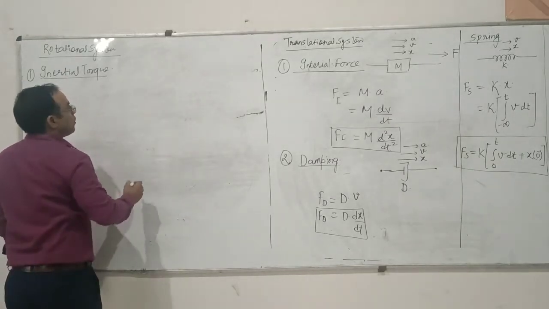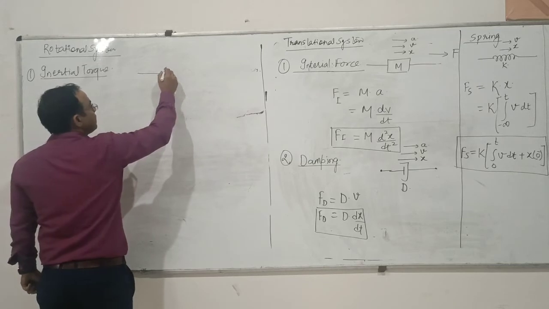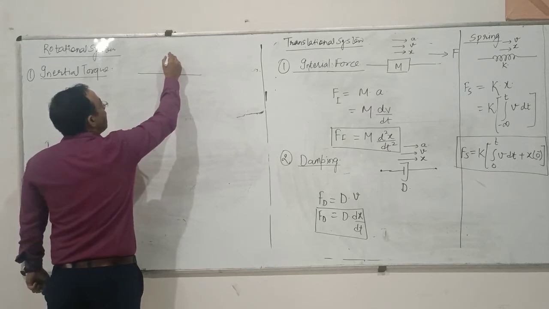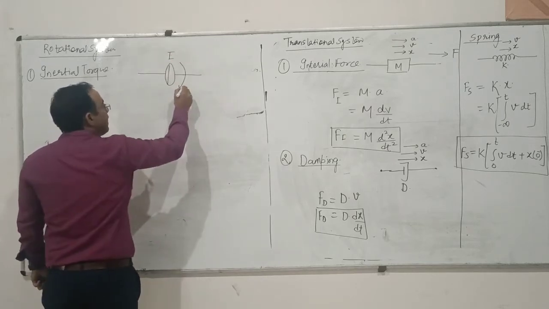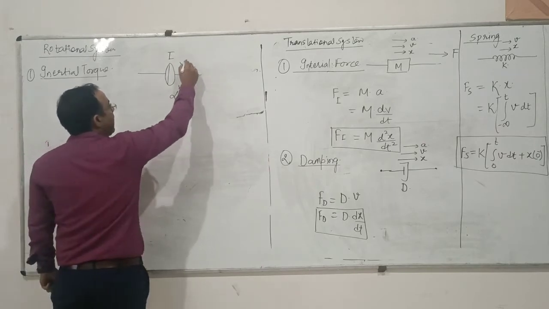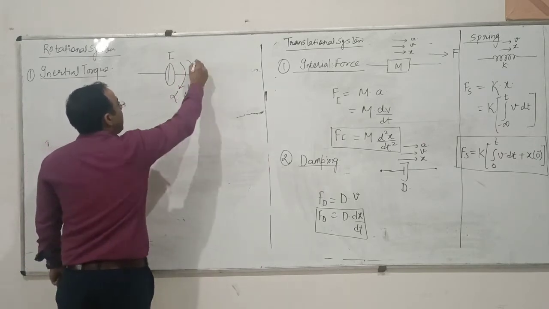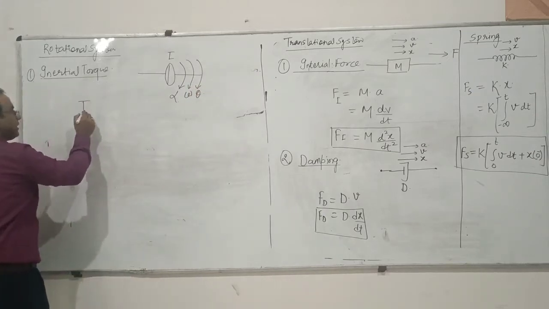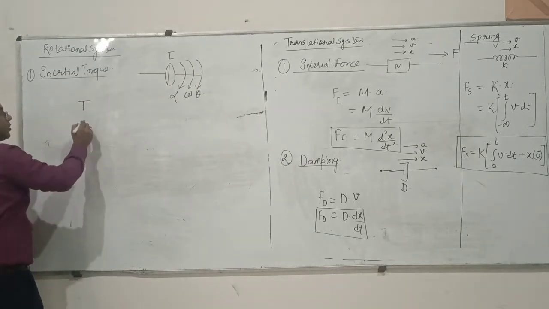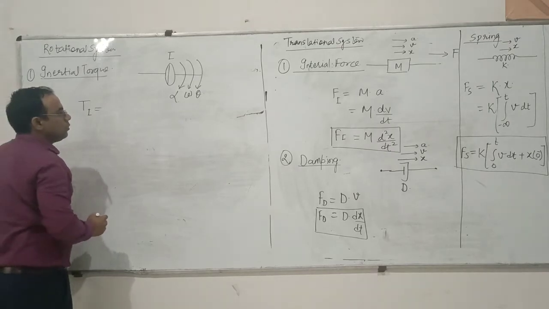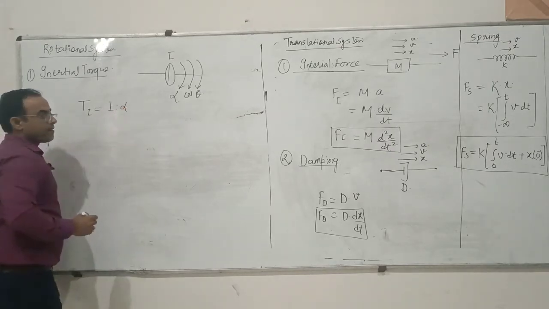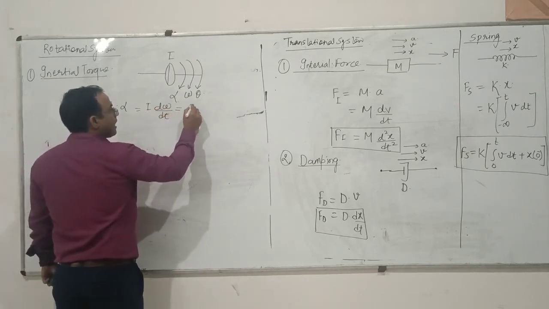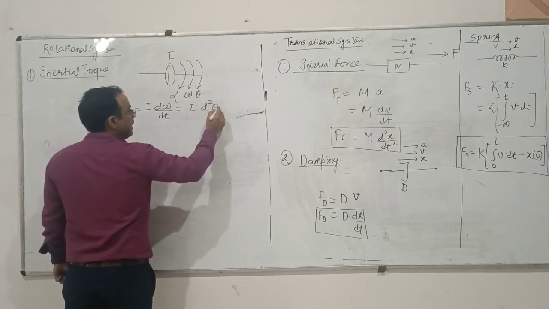So in the case of inertial torque, a moment of inertia of I and with the angular acceleration alpha and angular velocity omega with angular displacement theta, we can write a torque. So Ti will be equals to I into alpha, or we can write it as I into d omega upon dt, or we can also write it as I into d2 theta upon dt square.